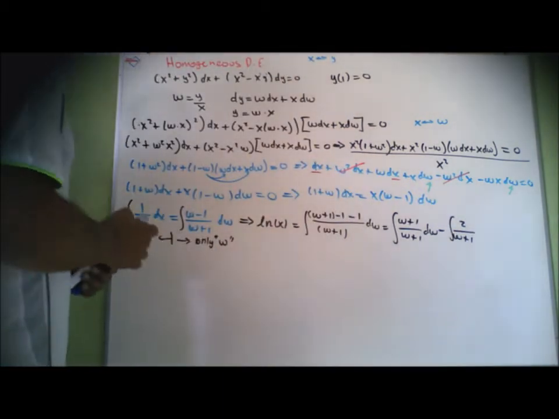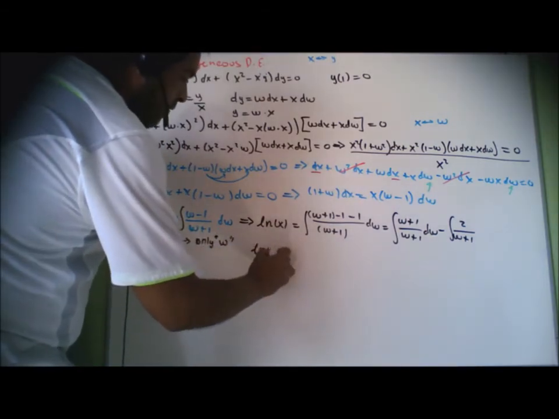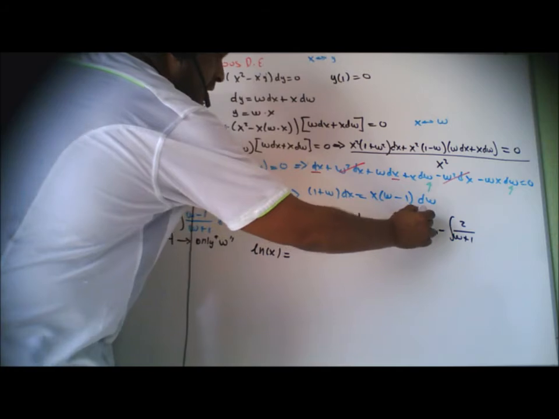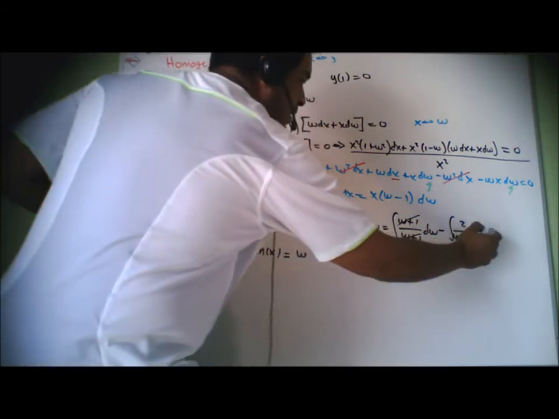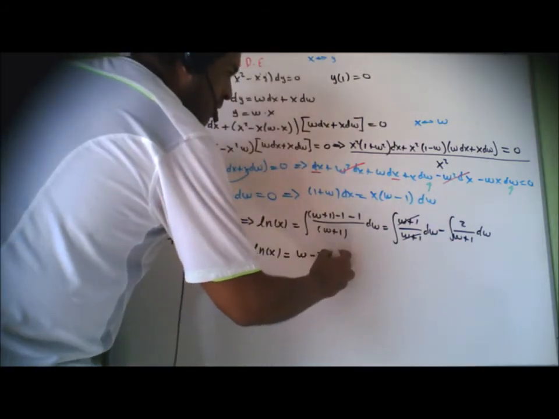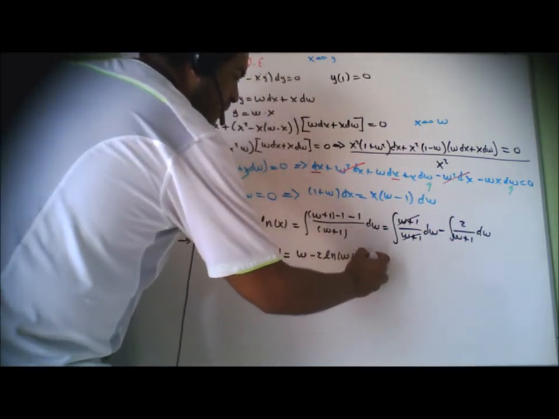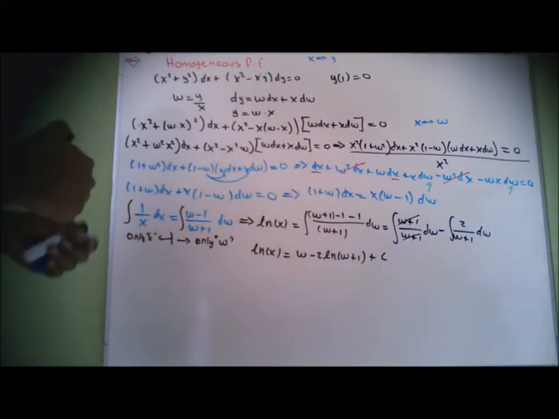And here what we are going to get is, on the left, the natural logarithm of x equal to this one, this cancels, so it's going to be just w, and then, oh sorry, I forgot the differential of w here, minus 2 times the natural logarithm of w plus 1 plus the constant. Don't forget the constant when you make the integrals.